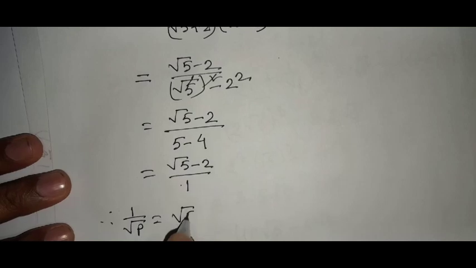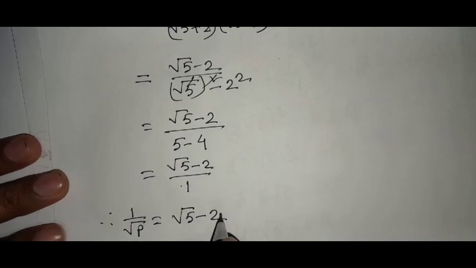So 1 by root p is equal to root 5 minus 2.